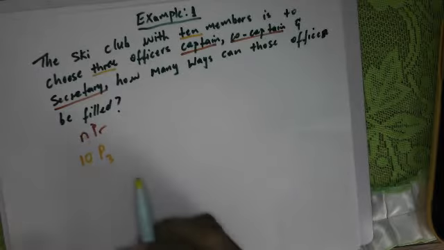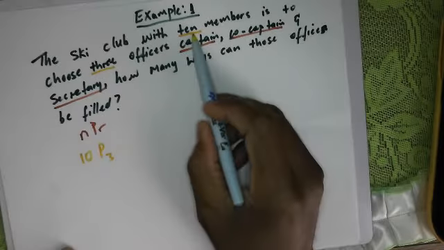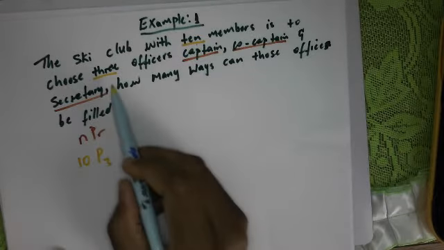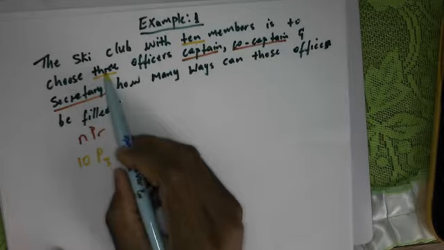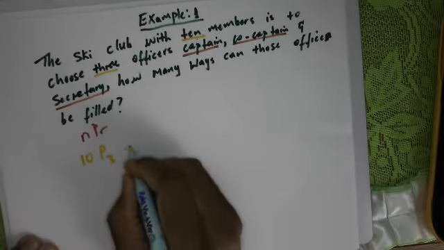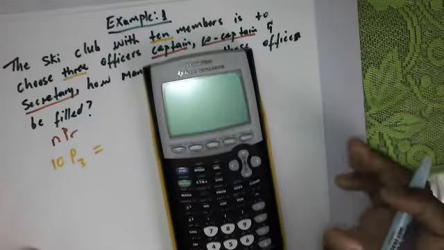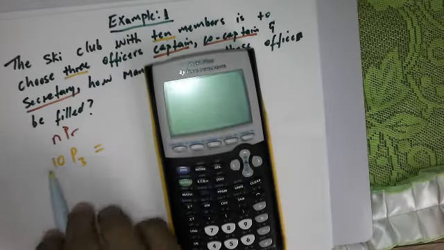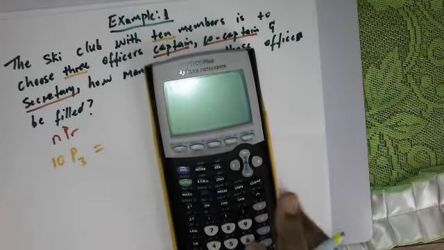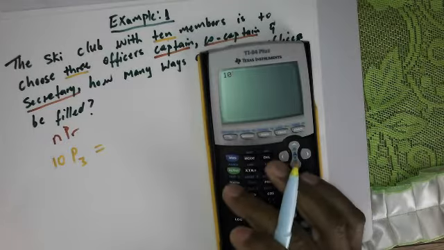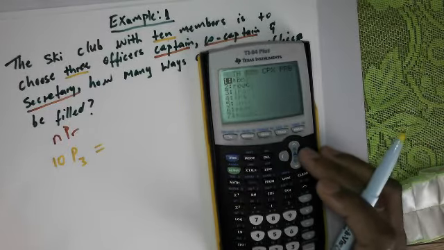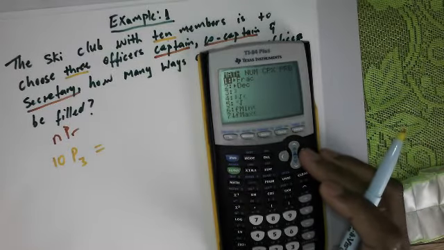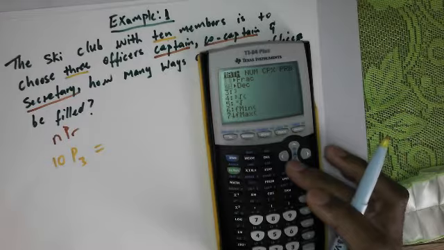So remember that your n would be the total number, which is 10, and your r would be the selected number from your total number. Okay? So you can put this in your calculator. If you're using your calculator, you put this number first. So we hit 10, and then we hit math. We scroll all the way over to PRB, and then scroll down.